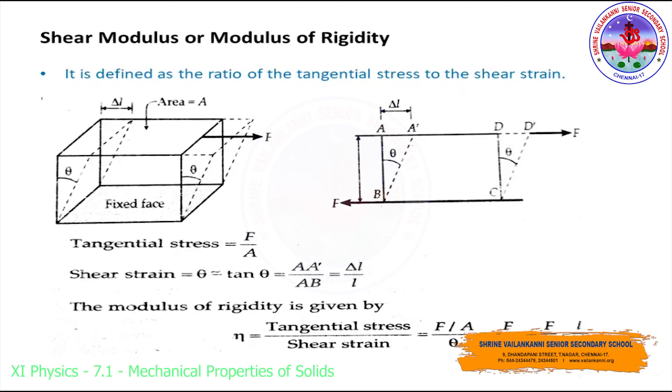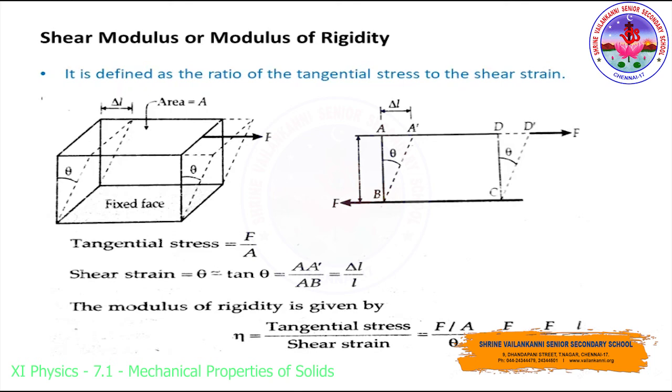So an equal and opposite force F comes into play on its lower fixed face also. Is it right? We must agree with that. The two equal and opposite forces from the two sides will form a couple. If it forms a couple, what will happen? It will exert a torque.